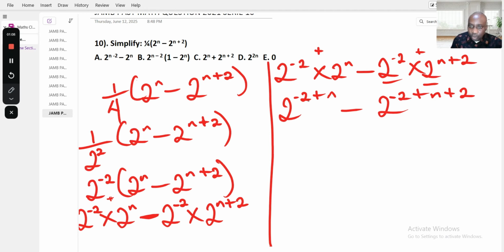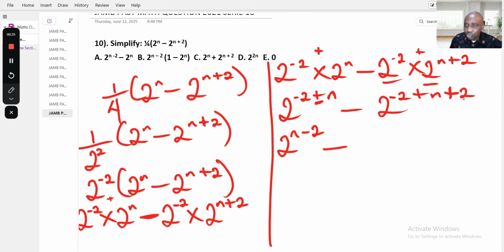Now this one, minus 2 plus n, we can rearrange it. This plus n, let it move here, and minus 2 is the same thing, isn't it? If you don't see anything beside n, it means that there's an invisible plus. This plus here, plus n, isn't it? Minus this minus 2 plus 2.